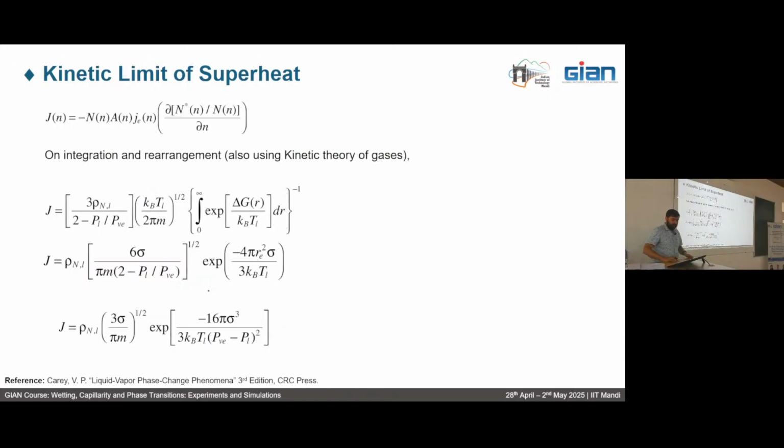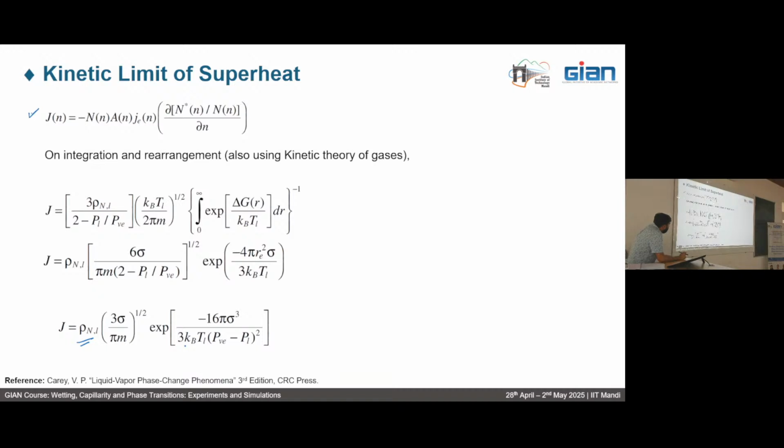Further, using the same equation where we have assumed n to be a continuous variable, and further integrating and rearranging using the kinetic theory of gases, we get this equation here. So this equation is J equals rho NL times the square root of 3 sigma by pi m, times exponential of minus 16 pi sigma cubed upon 3 kB TL (PV minus PL) squared.